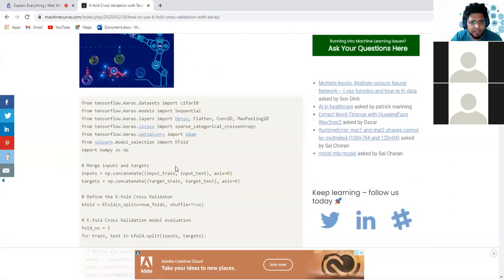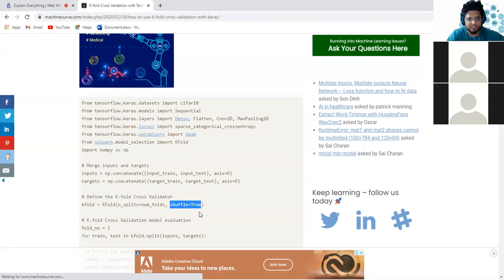So here we have a function which is called k-fold. If you see here it is k-fold. This one is from sklearn model selection import k-fold, and this k-fold splits the total data set into n number of folds, then shuffles them, just like card shuffling, right?